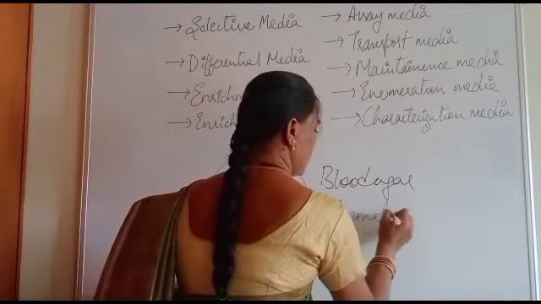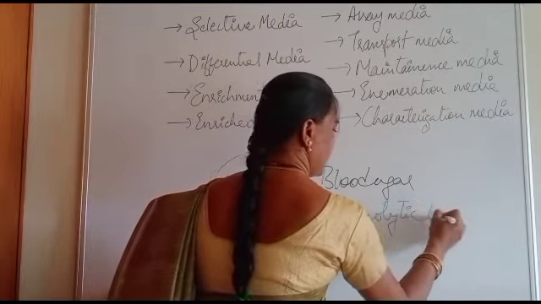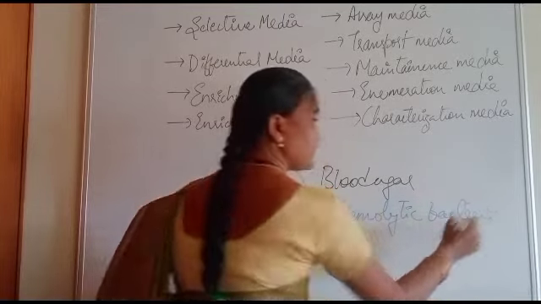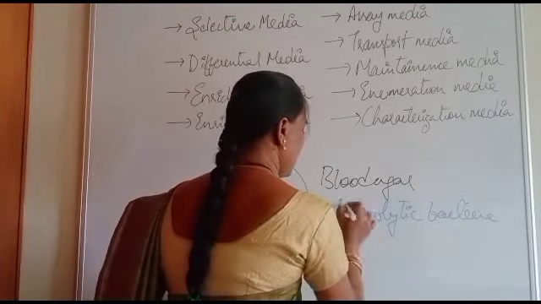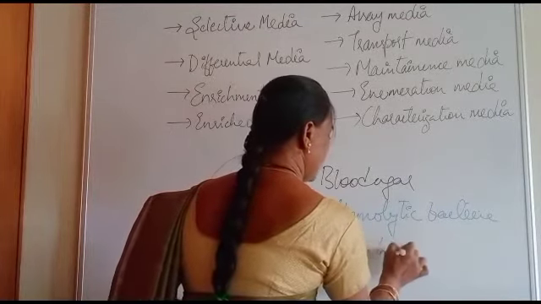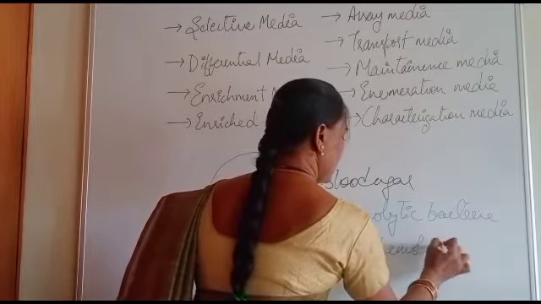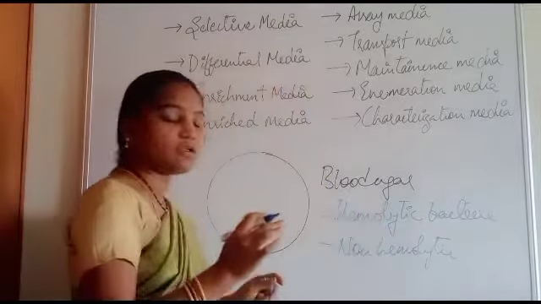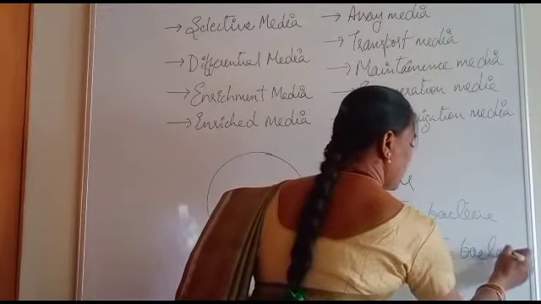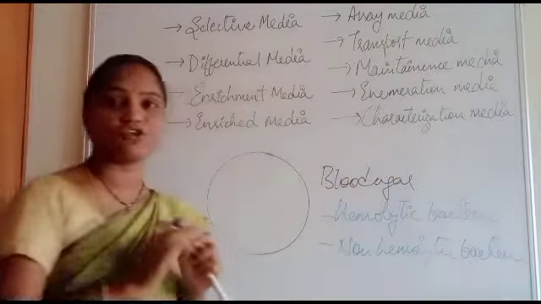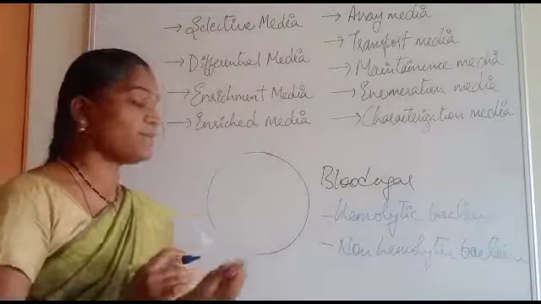You are going to differentiate between hemolytic and non-hemolytic bacteria. Generally, hemolytic bacteria will show a drastic growth zone in blood agar, while non-hemolytic bacteria won't show any change in blood agar.